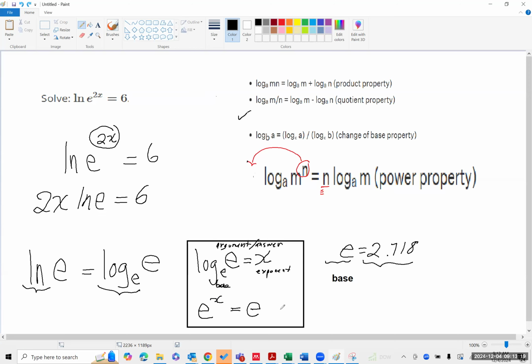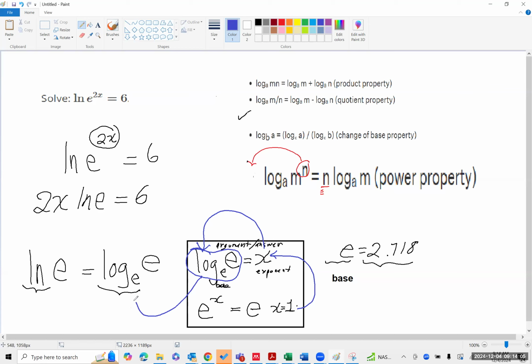But this x must be a 1, because that's the only way for e to the something power to equal e. That means that this x is 1, which means that this whole expression is 1.